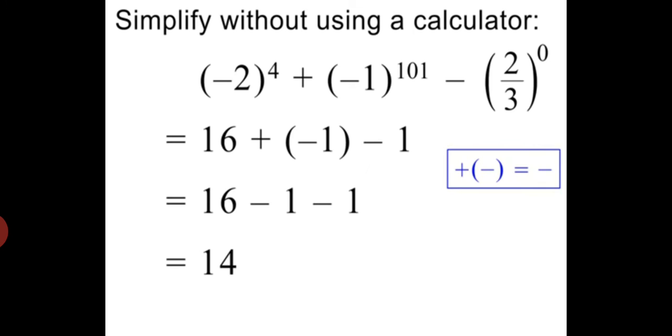And 2 by 3 whole to the power 0, anything whole to the power 0 is equal to 1, so this is 1. Now 16 minus 1, that means 14.